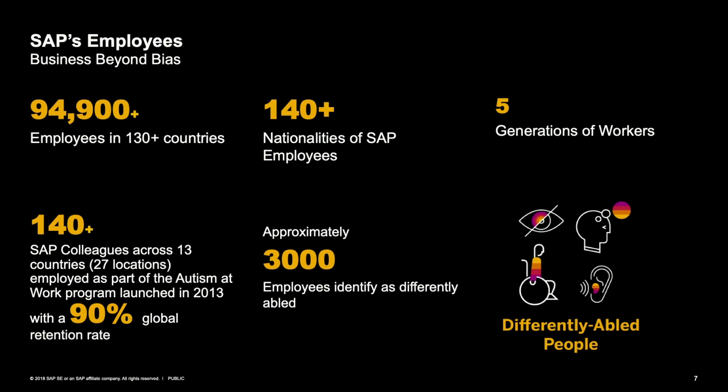From a diversity and inclusion standpoint, one of the things we're most proud of is our Autism at Work program, which has been going for 5 years now and covers 27 locations across 13 countries, including Australia and New Zealand. We have 140 people at any one time employed there, and we're aiming to eventually reach about 650. We also know we have around 3,000 employees who identify as differently abled, which is what we call it.